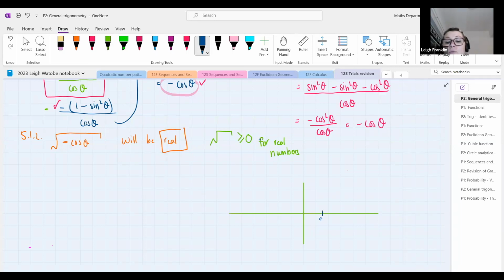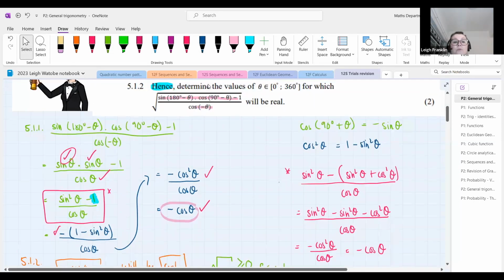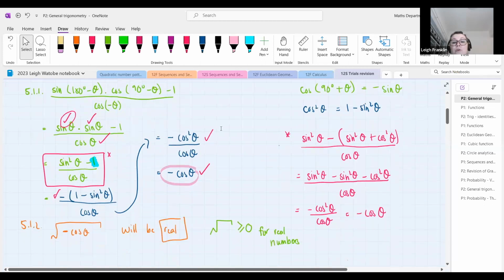So let's say over here we had 90, there we had 180, and here we had 270, and over there I had 360, because they said here that we must determine the values of theta between 0 and 360, for which this expression will be real.